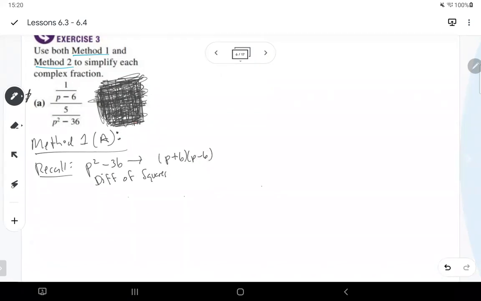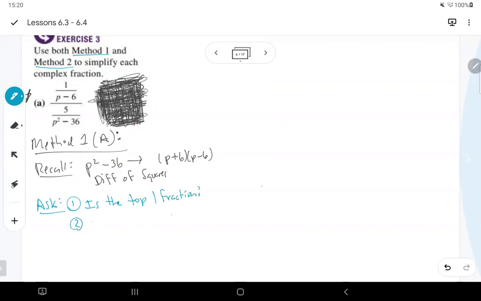That's going to help you with reducing. First we have to ask, is the top one fraction?